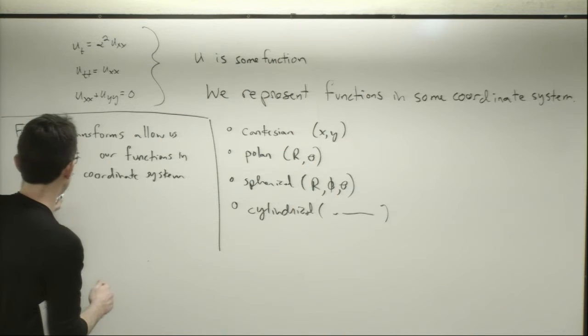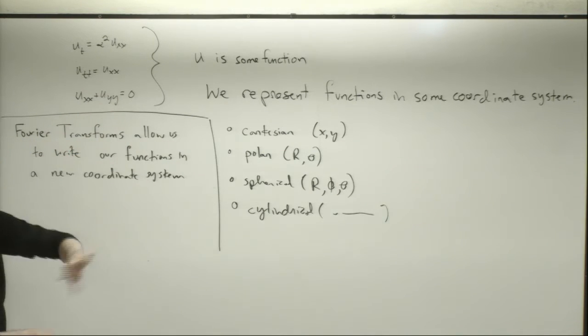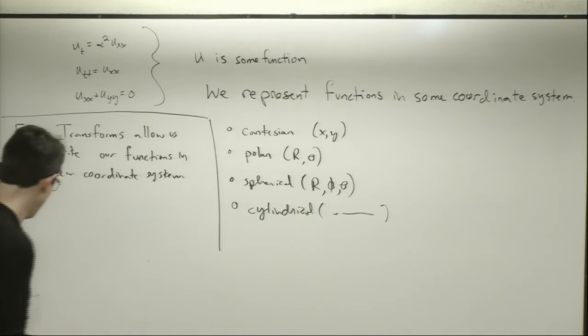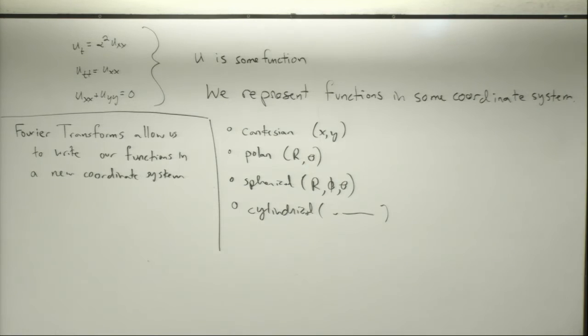And we're going to be writing these in terms of sines and cosines. I'm going to talk more about this later. We're going to get a clearer picture of what I mean. But what I want to do is build this up with a lot of examples and a little bit of theory to motivate why we care about Fourier series and Fourier transforms in the first place.